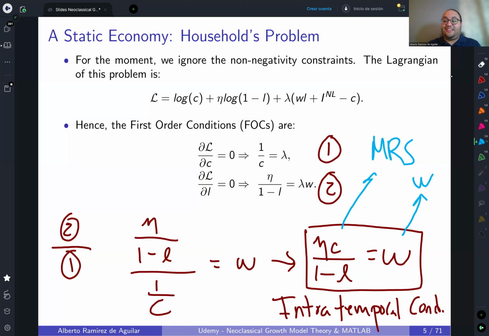So basically, the intratemporal condition says that for a household to be maximizing their utility, their marginal rate of substitution between consumption and labor has to be equal to the wage. That's the interpretation we give to the condition, and I will come back to it in a second.